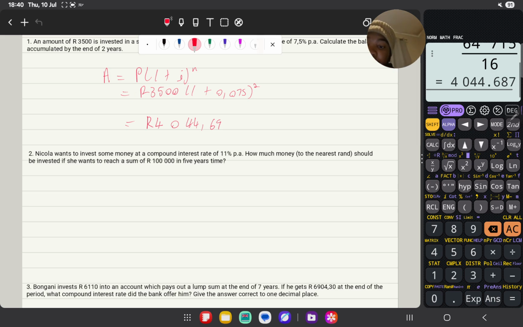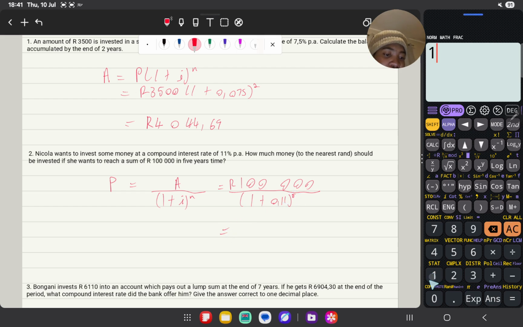And of course from here you would realize that P equals A divided by 1 plus I to the power of n, where you want to reach 100,000, 1 plus 0.11 to the power of, over 5 years, right?